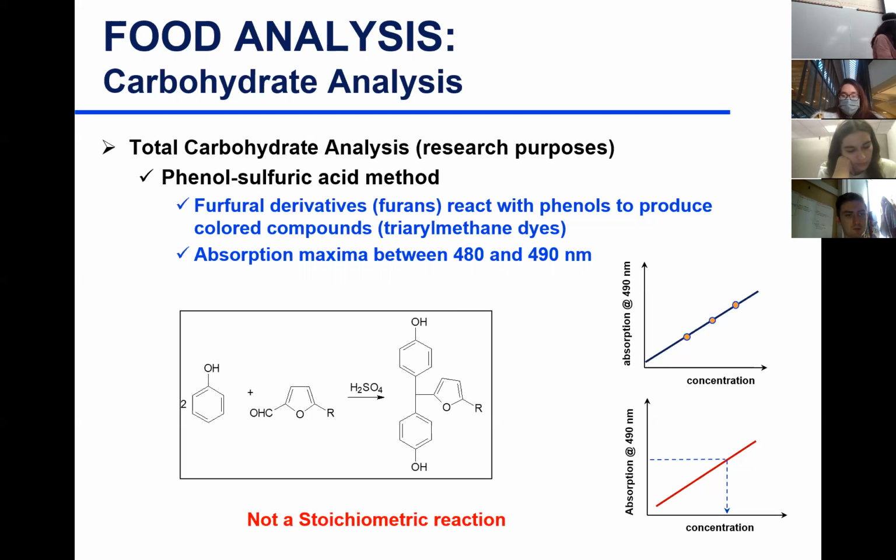Because it's not a stoichiometric reaction, the standard we use is very important. If we know the individual components in our carbohydrates, the best option is to prepare a standard curve that has the same or approximately the same ratio of the different monomers as your sample. That would be the best way to combat the non-stoichiometric reaction.